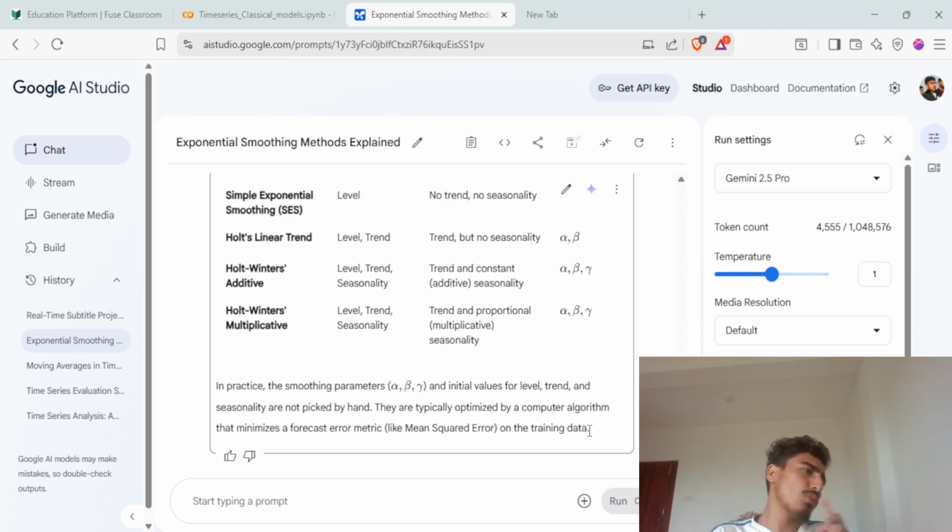The parameters will be optimized by the algorithms. I haven't understood this MSE pattern.